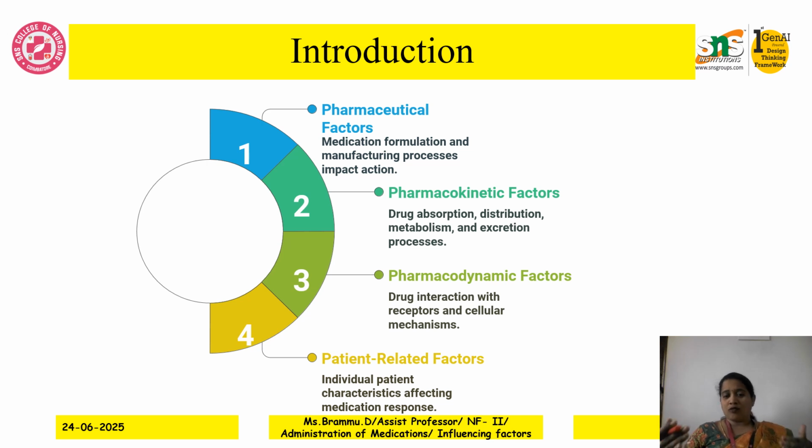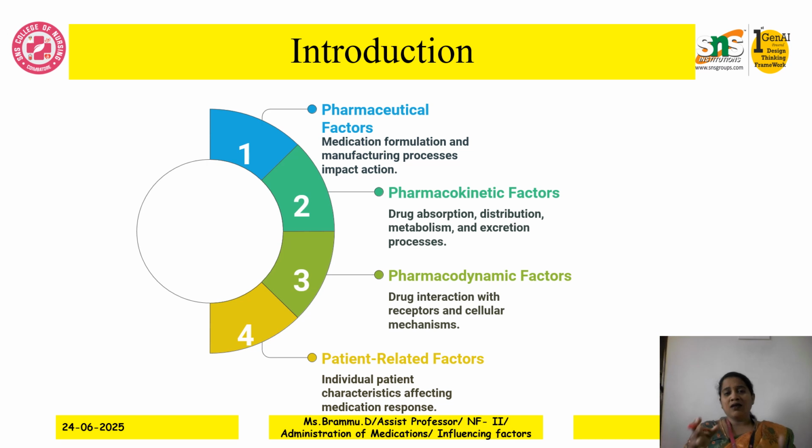And the fourth, or you can call the last, must be patient related factors, because it depends upon each individual, because each individual has their own weight, own height, their BMI is different, the basal metabolic rate is different. Maybe some patients have one single diagnosis, some other patients will have two or more diagnoses. So this also depends on the individual variation.